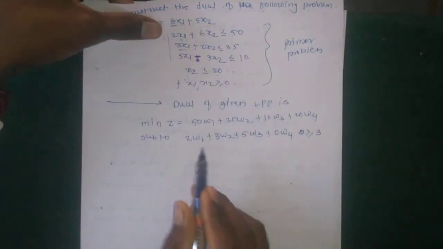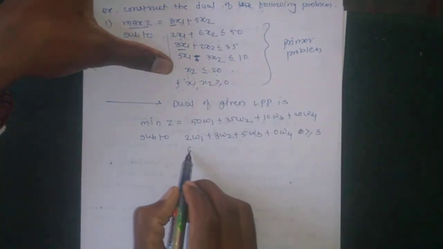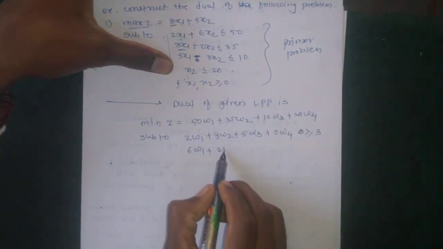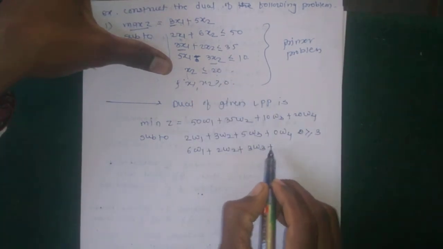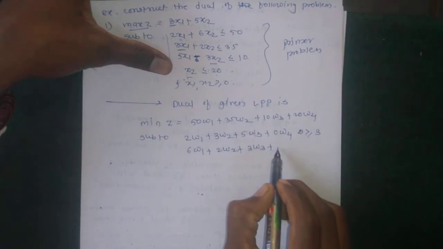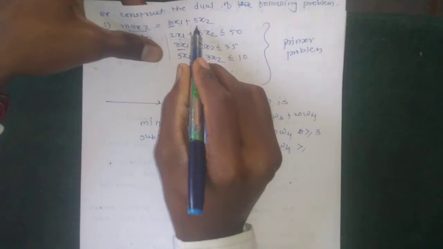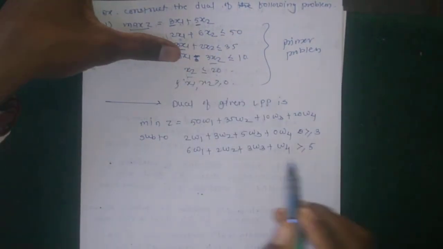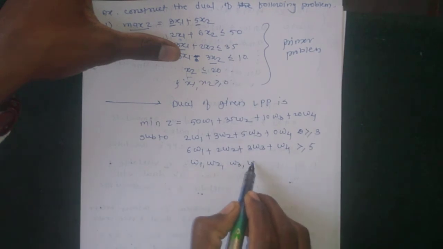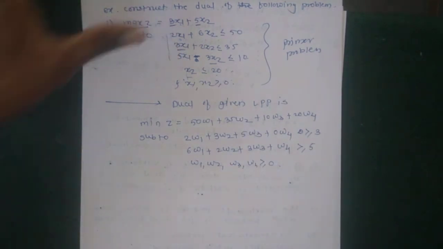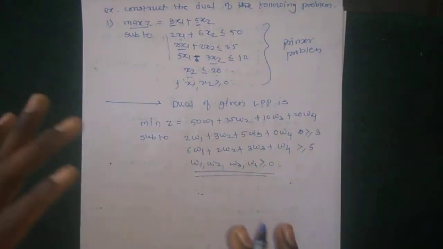Then for the second constraint, the coefficient of x2, this is 6W1 plus 2W2 plus 3W3 plus 1W4, which is greater equal to the coefficient of x2, which is 5, and all W1, W2, W3 and W4 are greater equal 0. This is our dual problem in this way.